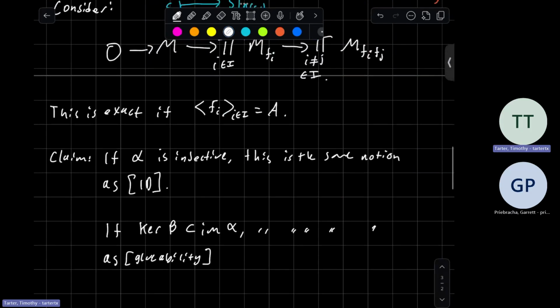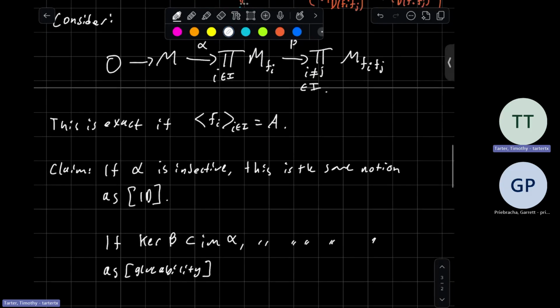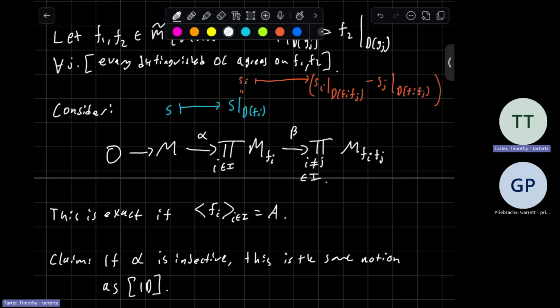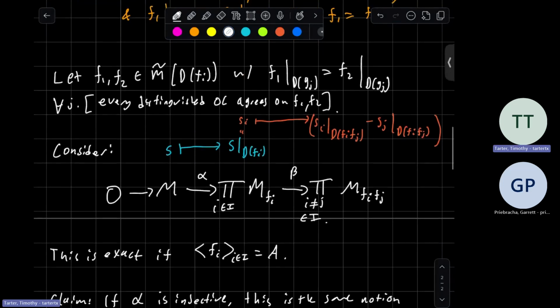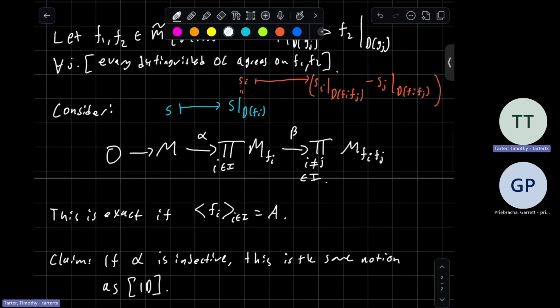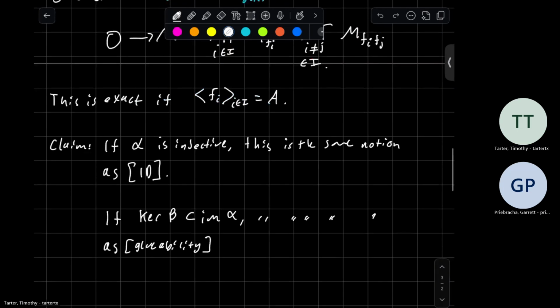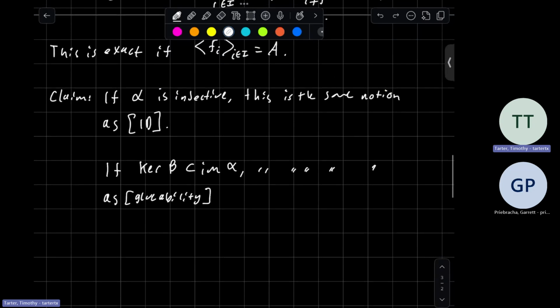And then for gluability, anything that goes to 0 here is anything which agrees perfectly on intersections. And if that kernel is contained within the image of the S_i, then those are all of the gluable functions on intersections. Does this make sense? Yes.